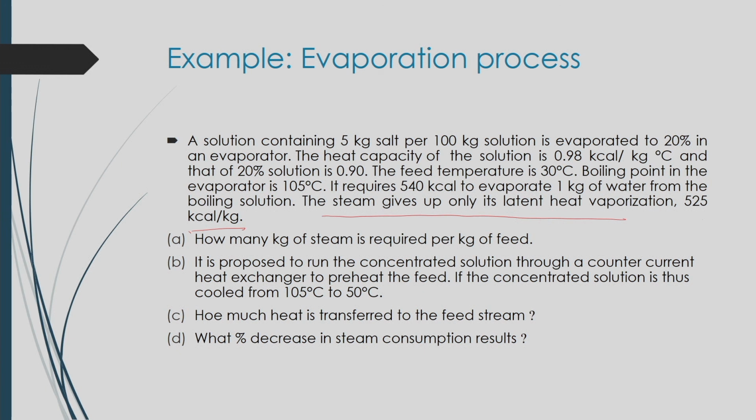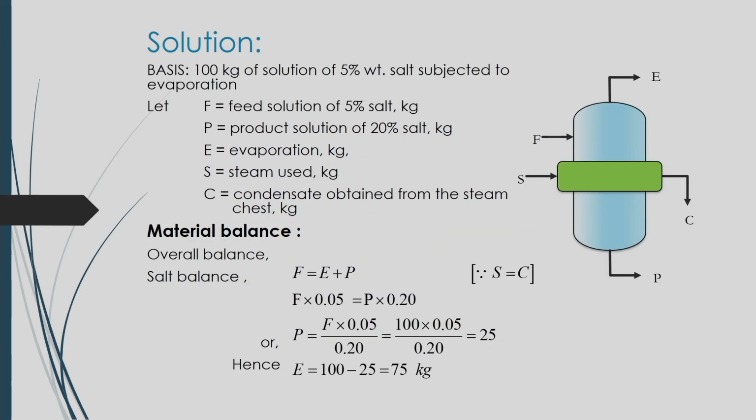If the concentrated solution is thus cooled from 105 to 50 degrees Celsius, how much heat is to be transferred to the feed stream, you have to calculate, and what percentage decrease in the steam consumption will result as per this problem. So, let us do this calculation for this evaporation process.